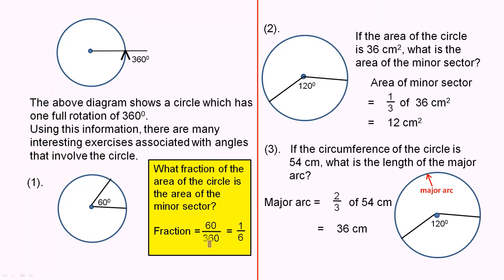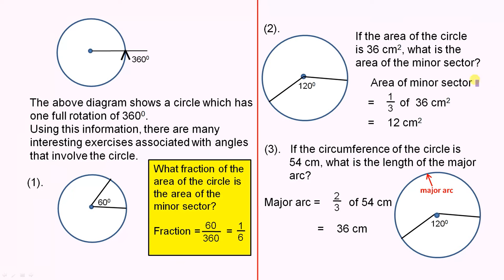When you simplify that fraction, you get 1 over 6. So the area of that sector is 1 over 6 of the area of the full circle, or 1/6.